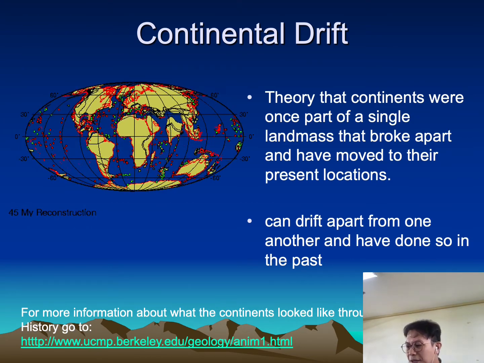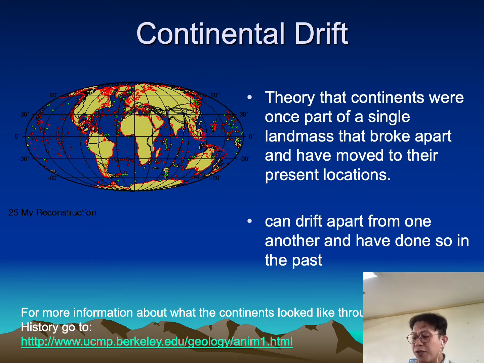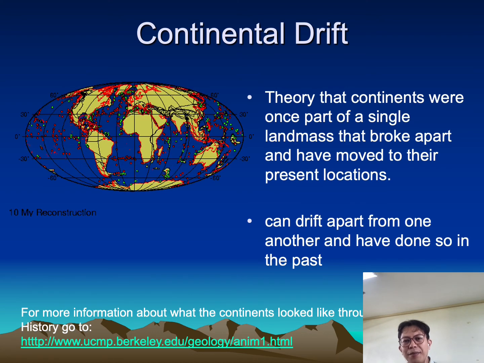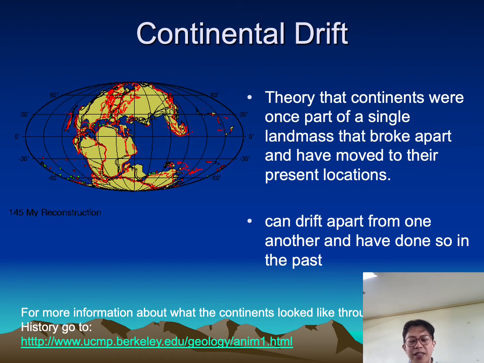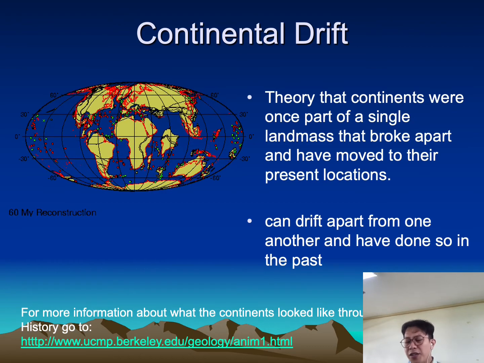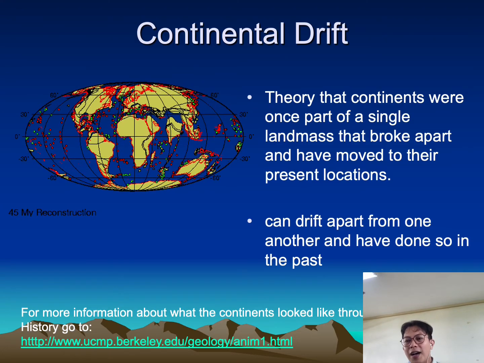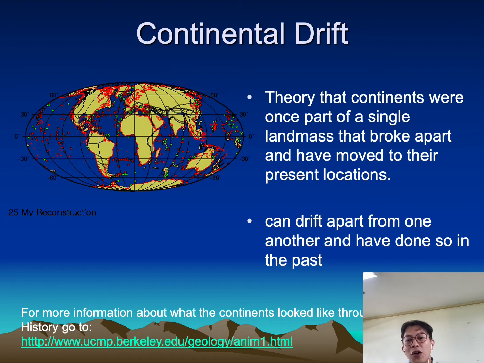Meaning, in simple terms, the Earth before was just one large, single landmass, and eventually it was scattered or separated into different pieces. We call those continents because these pieces drifted away from each other. So that's continental drift.